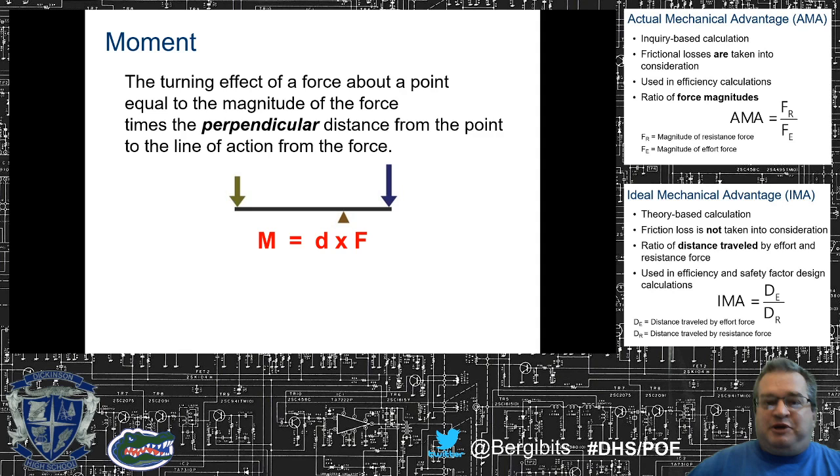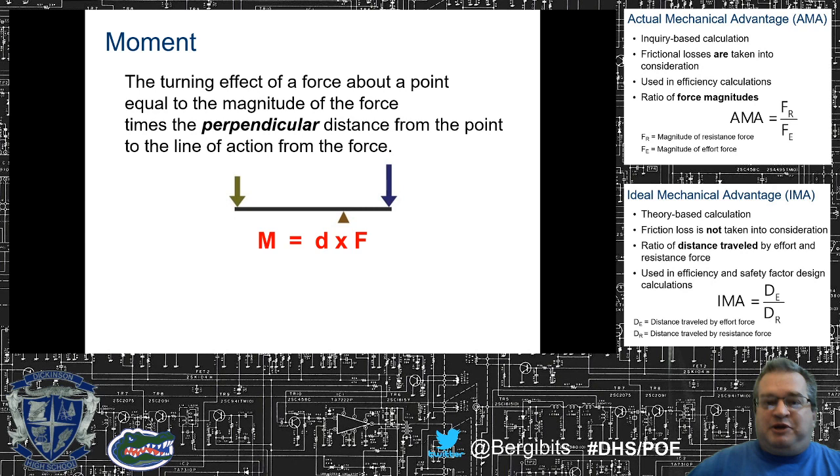All right, lever moment calculation. So now we've talked about the levers, the different kinds of levers, 1, 2, and 3. Now we're going into step 1 of understanding and getting the values you need to understand the mechanical advantage of this simple machine, which in this case is a lever.